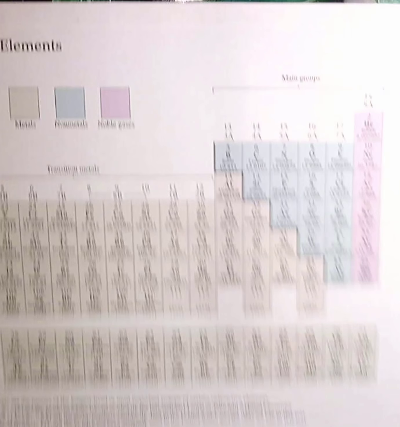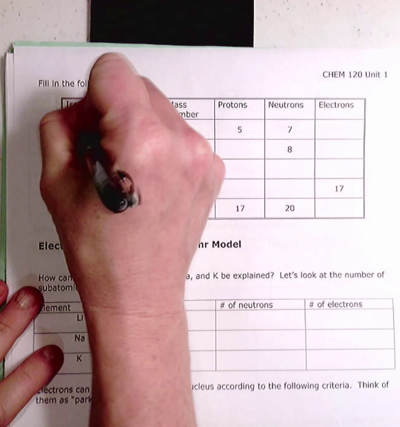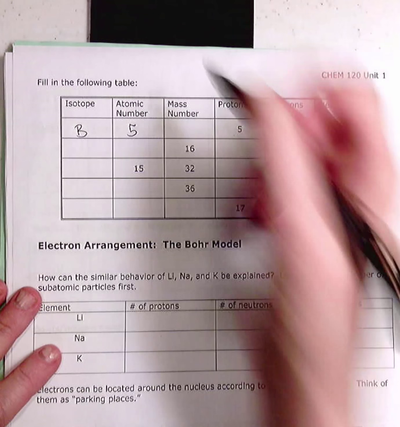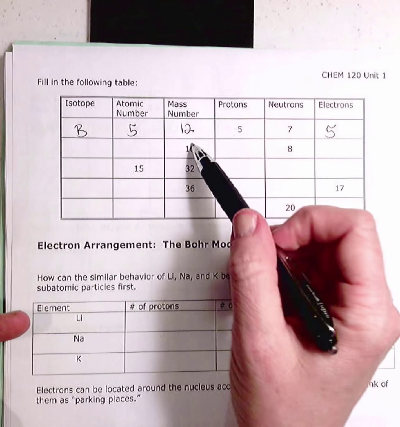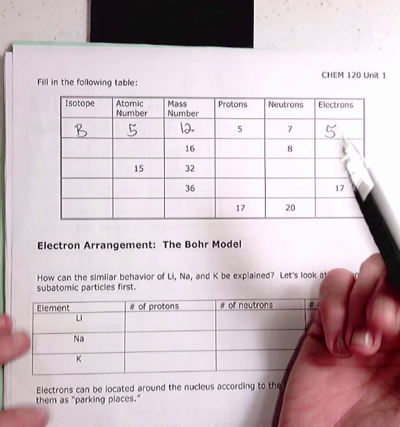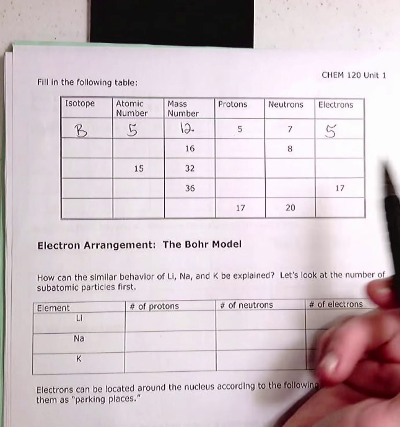So if you look up atomic number 5, that's boron. The atomic number is 5, the electrons would be 5. Protons plus neutrons would be 12. So it's just a little different mass number than what you'd find naturally occurring. That's what makes it an isotope. So I want you to hit pause, work through the rest of these, and then we'll go over them.